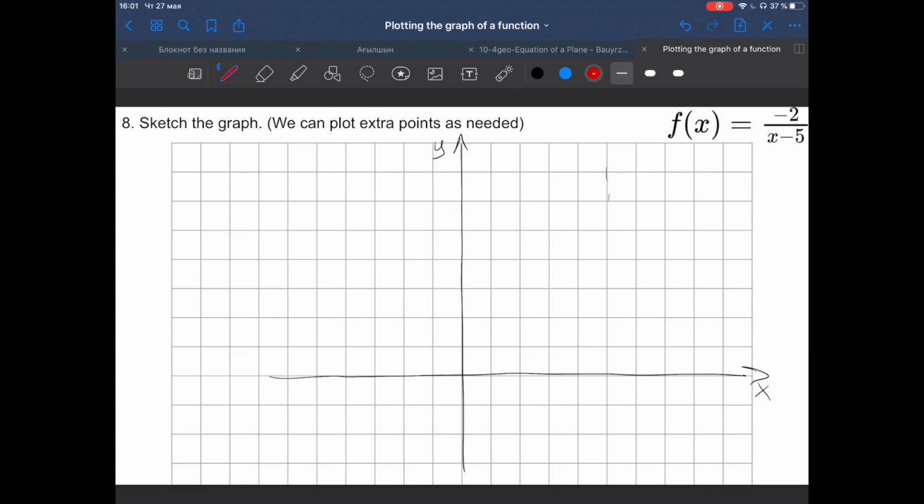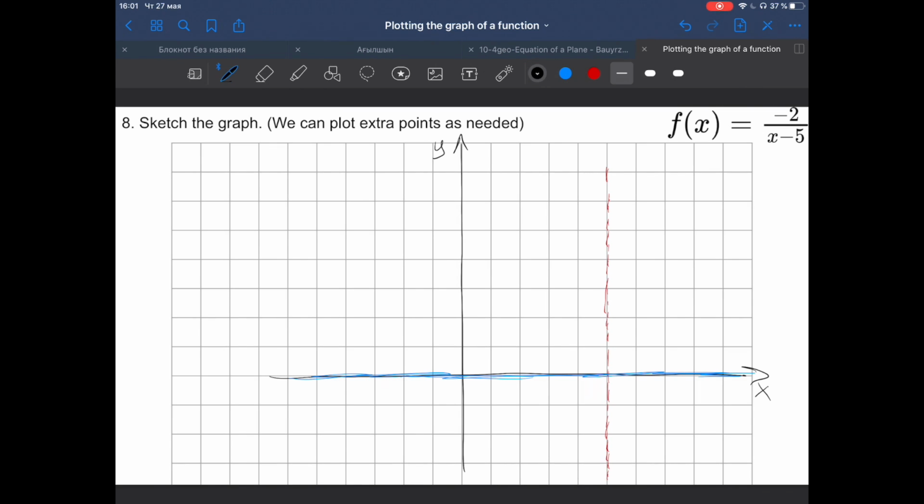Vertical asymptote is x equal to 5, and the horizontal asymptote is y equal to 0. Okay, and these red and blue lines are our asymptotes. Asymptote means our graph does not intersect these lines.